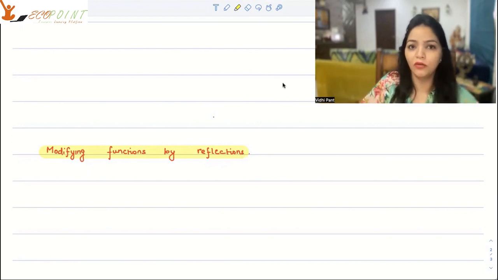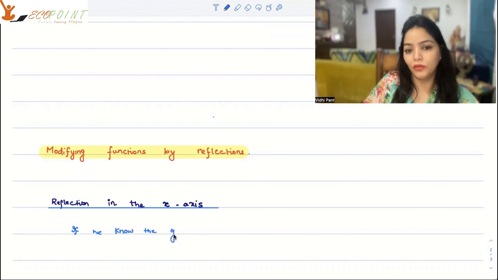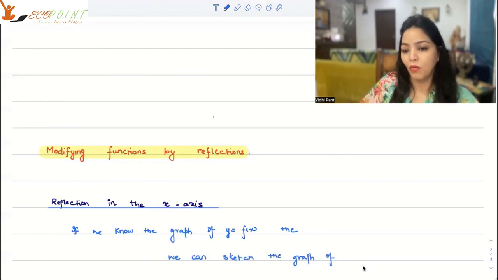So let's first talk about reflection in the x-axis. When we are talking of reflection in the x-axis, it essentially means that if we know the graph of y equals f(x), then we can sketch the graph of y equals minus f(x).